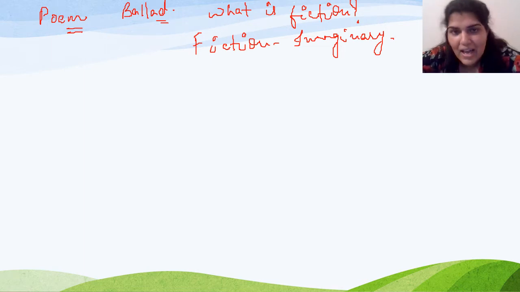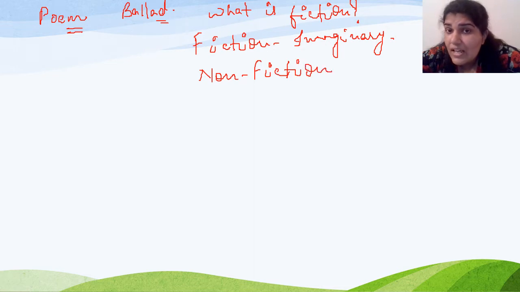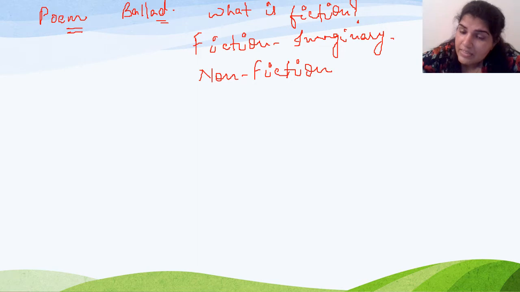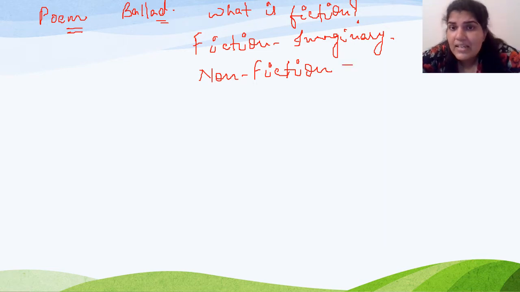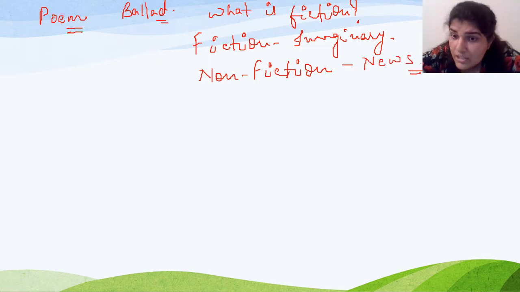On the other hand, there is something called non-fictional writing, or we call it non-fiction. Whereas in non-fiction, the text that you read is all based on true facts. For example, you read news in the newspaper. It is non-fiction because it is true, it is realistic.